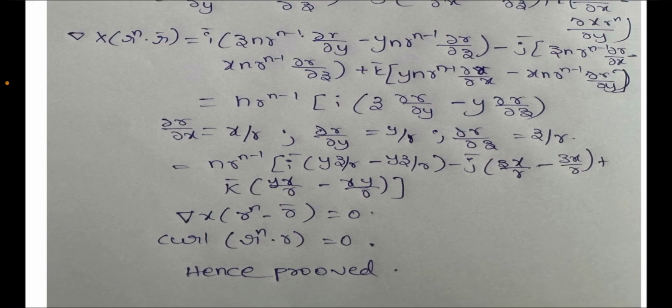That implies n r power n minus 1 into i bar (yz by r minus yz by r) minus j bar (zx by r minus zx by r) plus k bar (yx by r minus xy by r). That implies del cross r power n r bar equals 0.